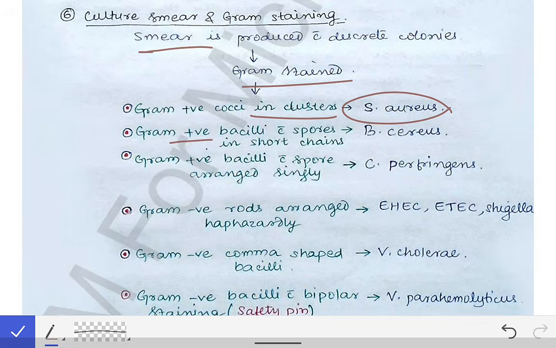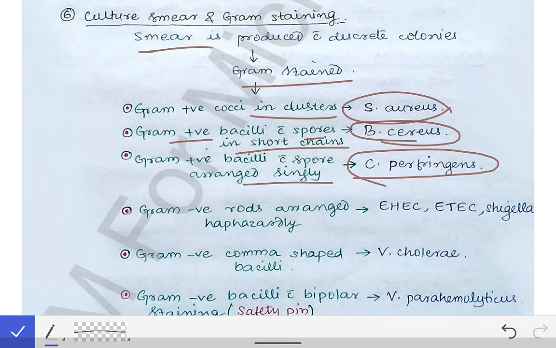If we see gram positive bacilli with spores in short chains, then we may think of Bacillus cereus. If we see gram positive bacilli with spores arranged singly, then we may think of Clostridium perfringens. If we see gram negative rods arranged haphazardly, then we may think of enterohemorrhagic E. coli, enterotoxigenic E. coli, or Shigella.